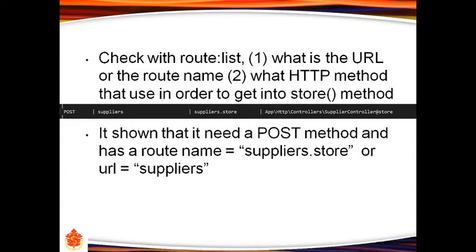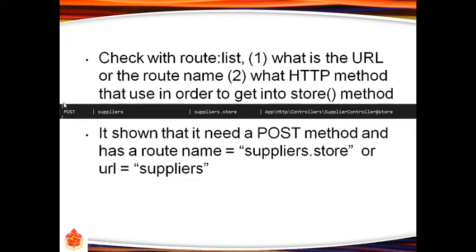In order to connect with the store method, we have to follow the convention of the resource controller. We can see it in the route list that the store function comes with POST and URL /suppliers. Suppliers with POST will be used in the supplier.store function.